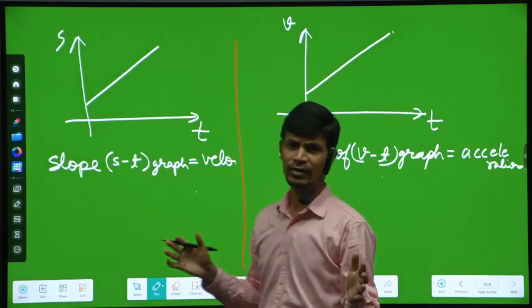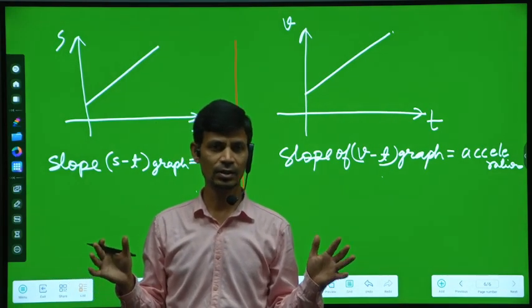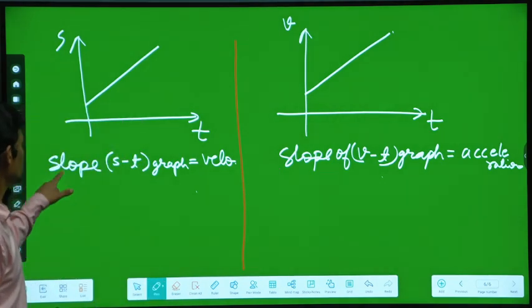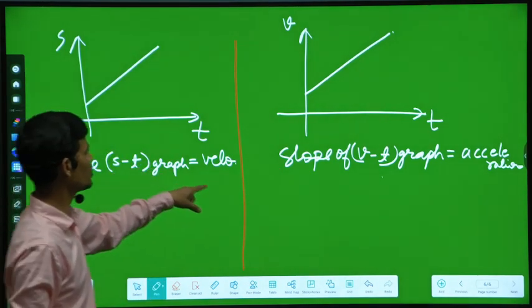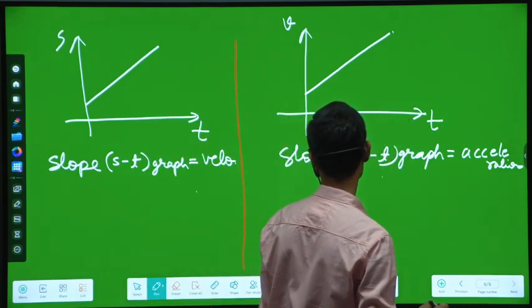I haven't explained acceleration to you till now, but just keep in mind that the slope of an ST graph gives you velocity and the slope of a VT graph gives you acceleration.